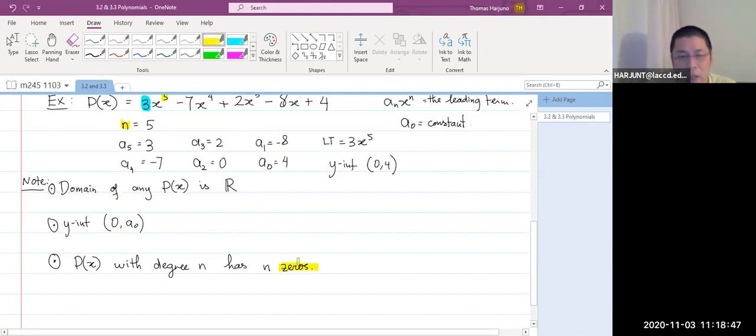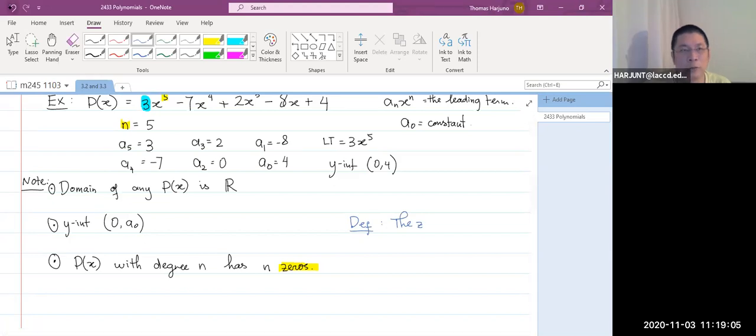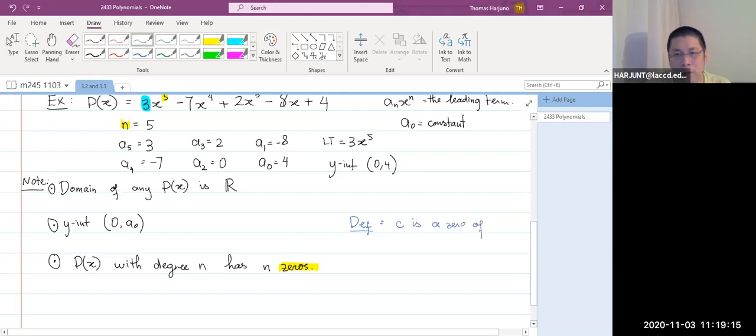For now, you can say zeros are similar to x-intercepts. Maybe I should just tell you right away what a zero is. Definition: c is a zero of a function f(x) if f(c) equals 0.